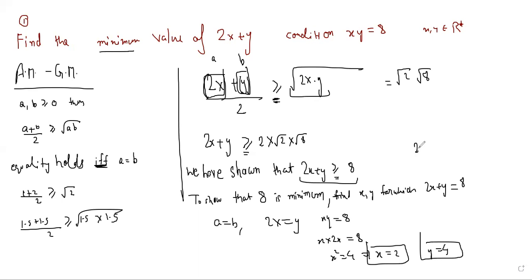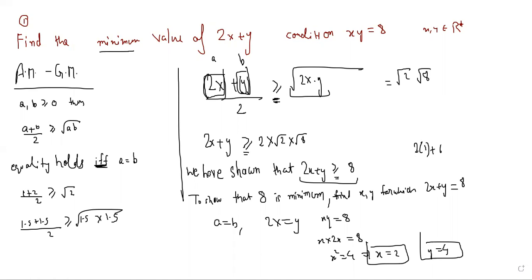Now see, putting x equal to 1 and y equal to 6 also gives 8. But this is not allowed because 1 times 6 is not 8. So xy has to be 8. You can solve it, but you can also use AM-GM. The equality case of AM-GM is extremely important. That's what we are using here.